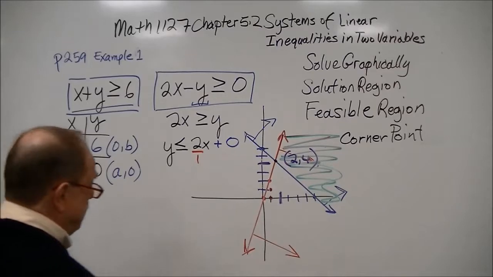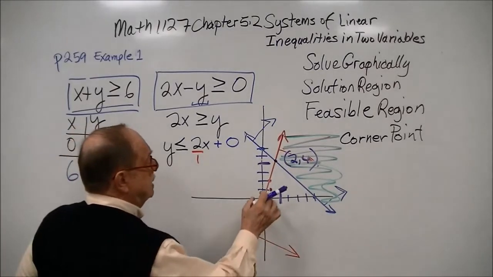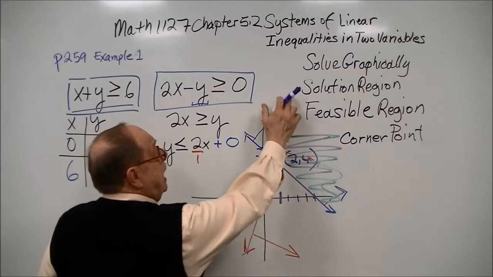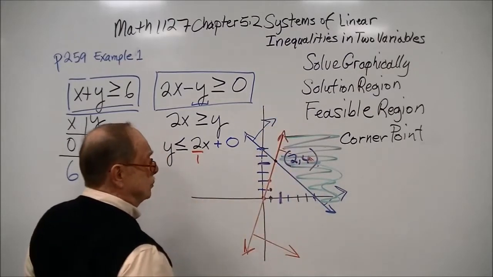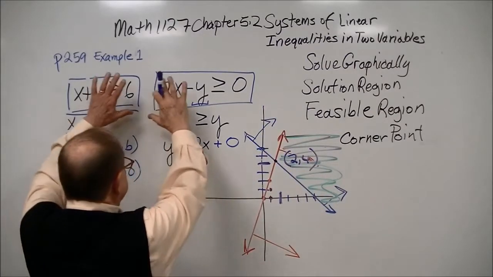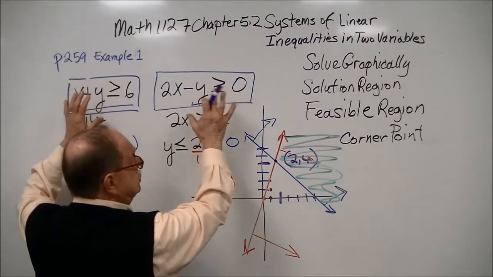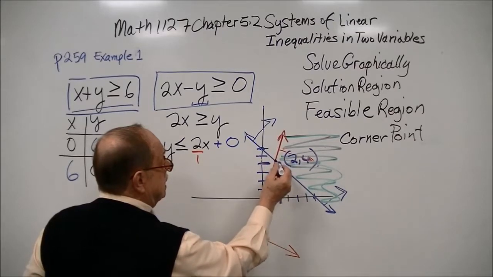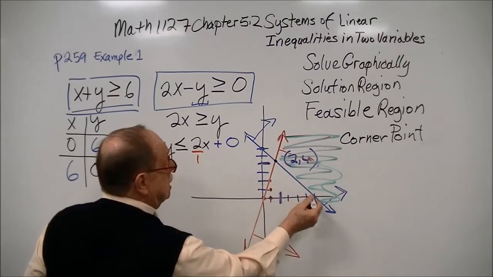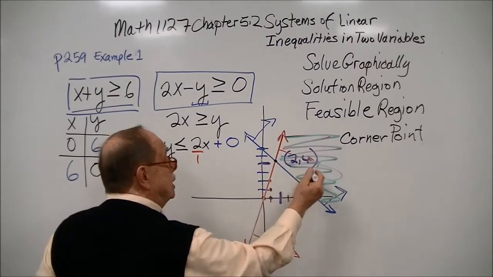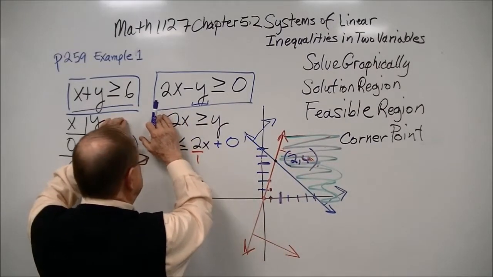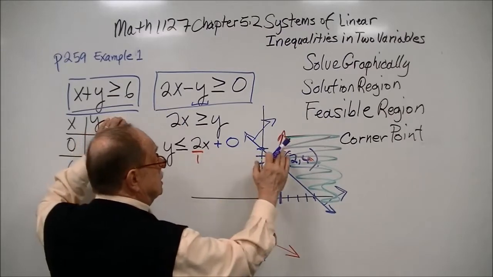Now, let me just add to this that in this green area, that is your solution region. It's where both of these are true. Items along this part of the red line, this part of the blue line, and then all points in the green area make both of these statements true.